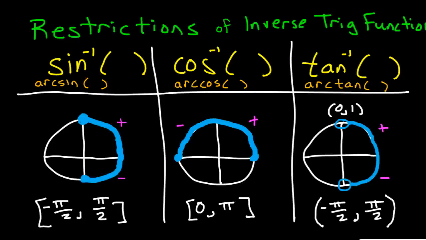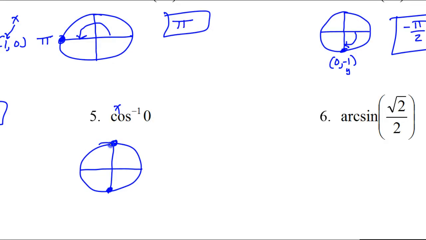But guess what? Only one of these is within the restricted range for inverse cosine. We can only be on the top half of the circle, so that's why we're going to pick this one and not this one. So that's why the answer is going to be pi/2, alright, because this is pi/2 up here, and not negative pi over 2 or 3 pi over 2. Okay, that is the only answer.